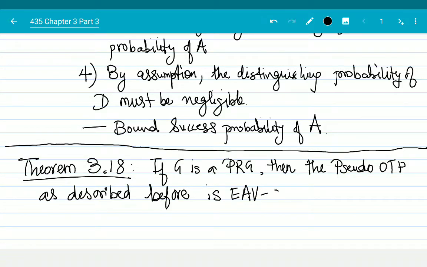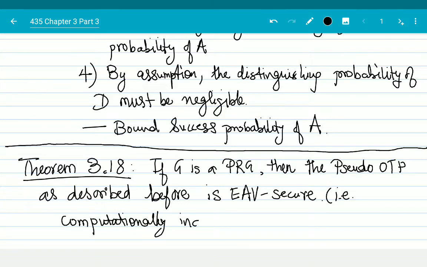EAV secure, that is to say, computationally indistinguishable. Right? Okay.